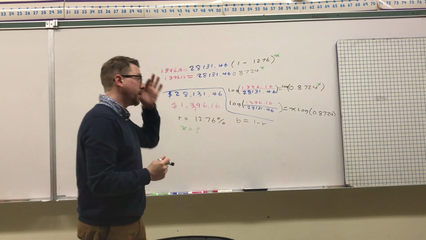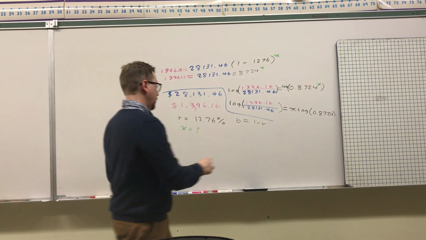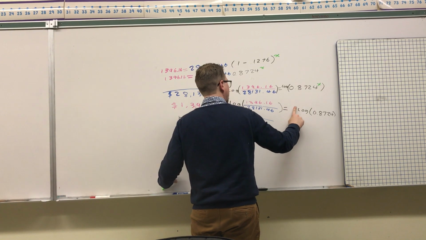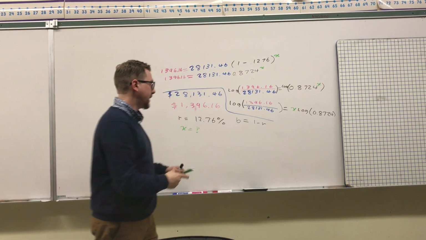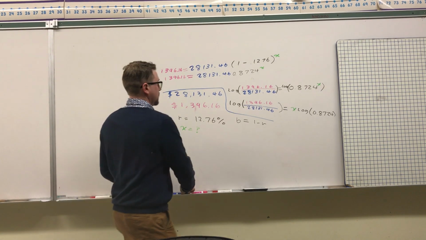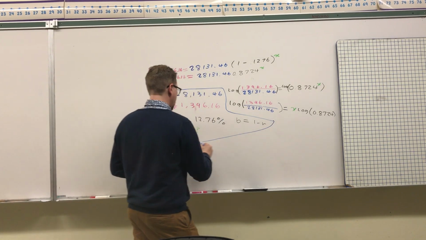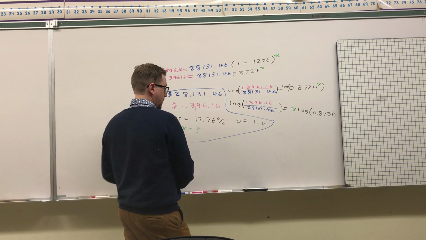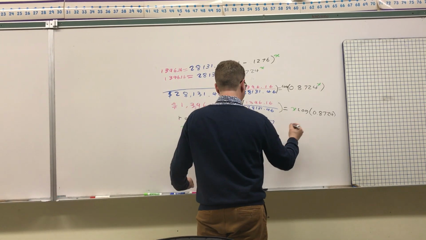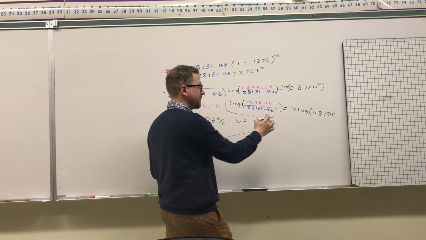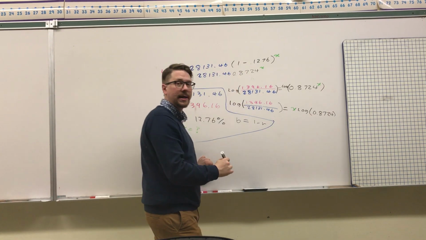Okay, so we're almost done. Now, let's use the green color so we can see where our variables are going. Now, we want to get x alone. So to get x alone, we are going to divide both sides by the logarithm of 0.8724.